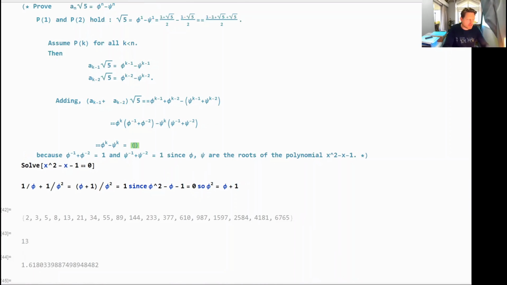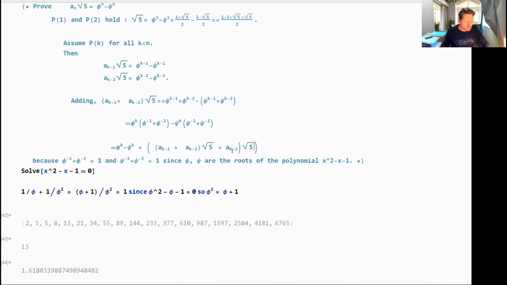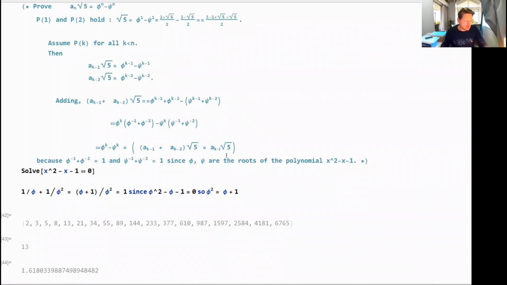And so I'll put in brackets here that this part, because this is just a note, is equal to, by the definition, because we've got the recursive definition for the Fibonacci numbers, so this is just equal to AK times root 5, right? So we've proved that AK times root 5 is equal to phi to the power of k minus psi to the power of k, and that's what we're actually asked to prove, right?